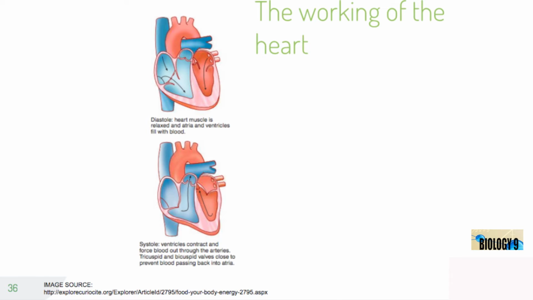Alright, we have got here the working of the heart. So, generally in these diagrams, you will see red as oxygen-rich blood and blue as oxygen-depleted blood. And we're going to follow the journey of it. To start with, deoxygenated blood comes into the right atrium.